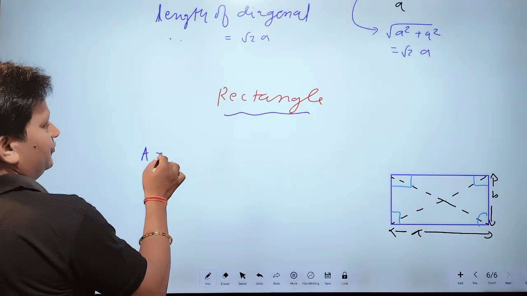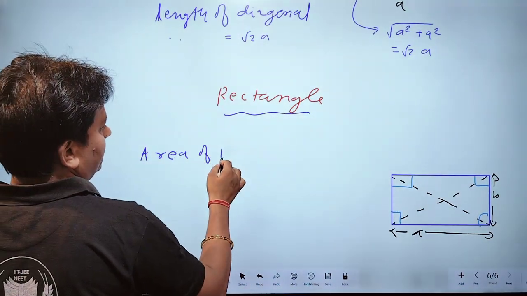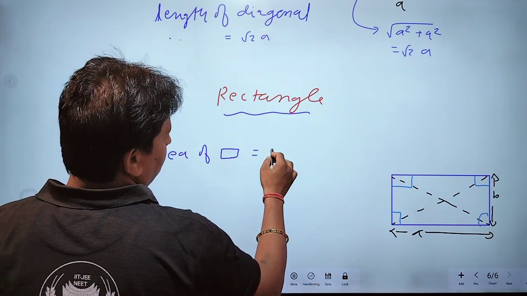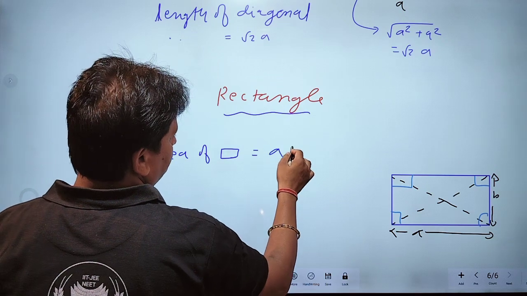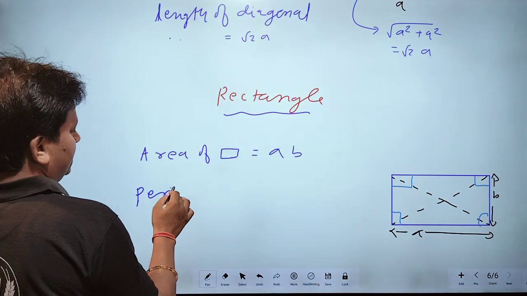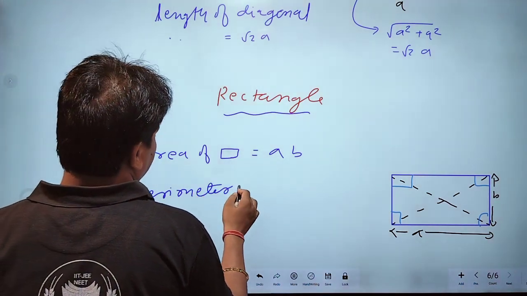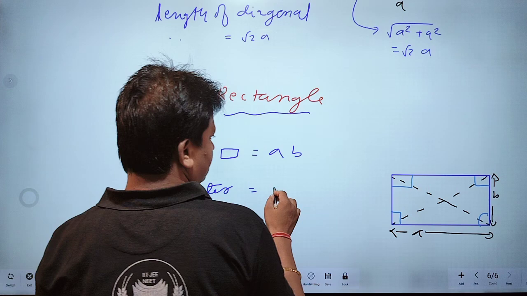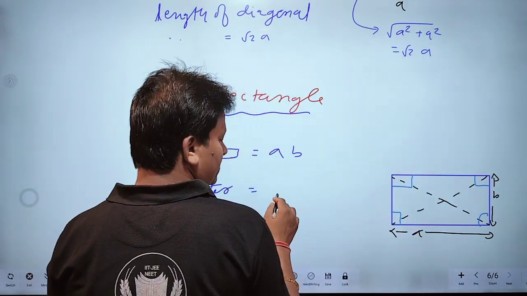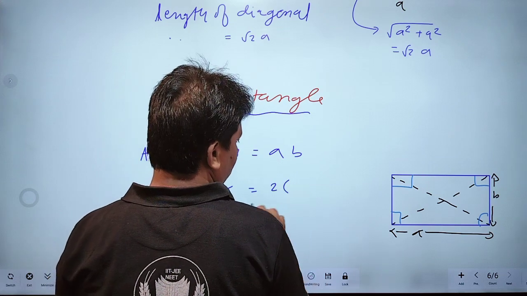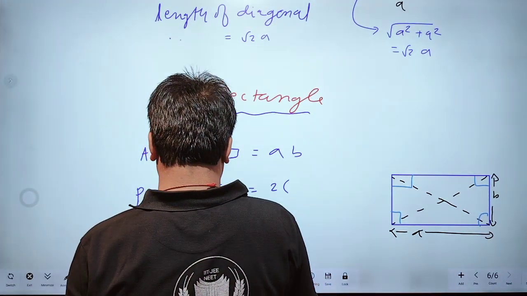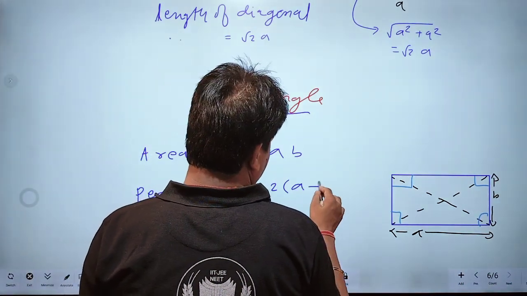Area of rectangle will be length into width. Width is B. Perimeter means sum of all sides. A plus A is 2A, B plus B is 2B, 2A plus 2B, 2 is taken as common, 2 times A plus B. Okay?